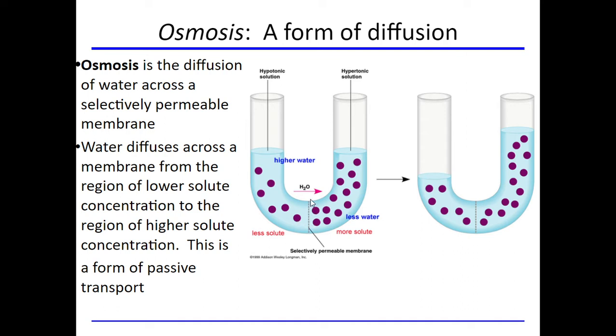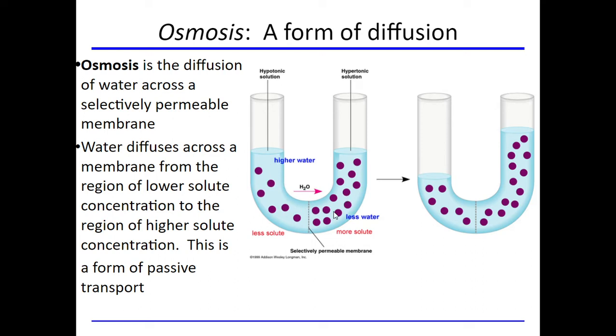And this selectively impermeable membrane may be something like the membrane of a dead potato. There's no energy being put into this environment to push this water across the membrane. It's just going. This is passive transport because this requires zero energy. This is moving technically down water's concentration gradient.